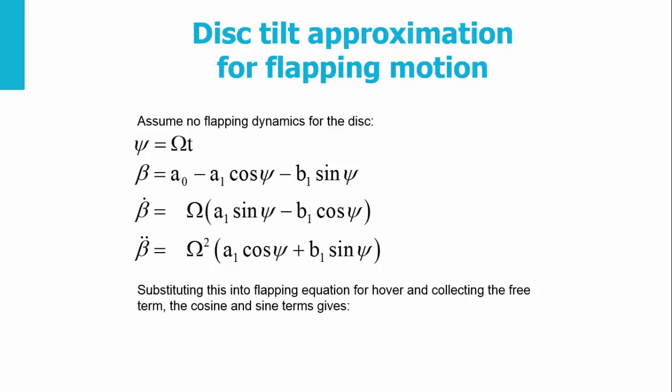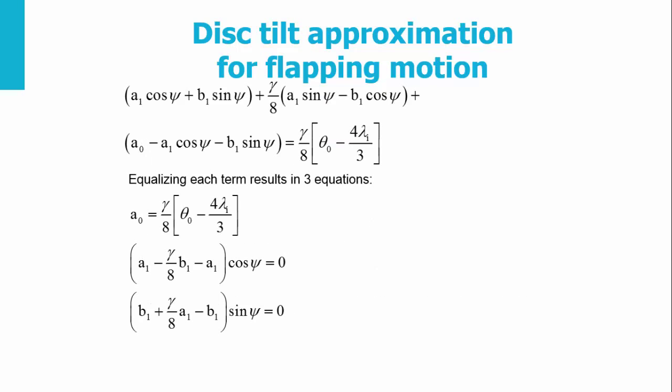These formulas can be substituted into the initial flapping equation in the rotating system, and then we can collect the free term, the cosine, and the sine term. In this way, we obtain a new equation which represents the motion in the disk-tilt system.